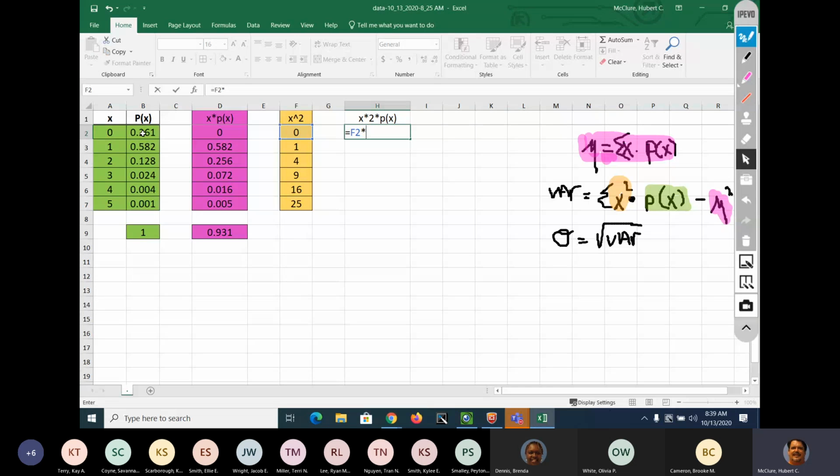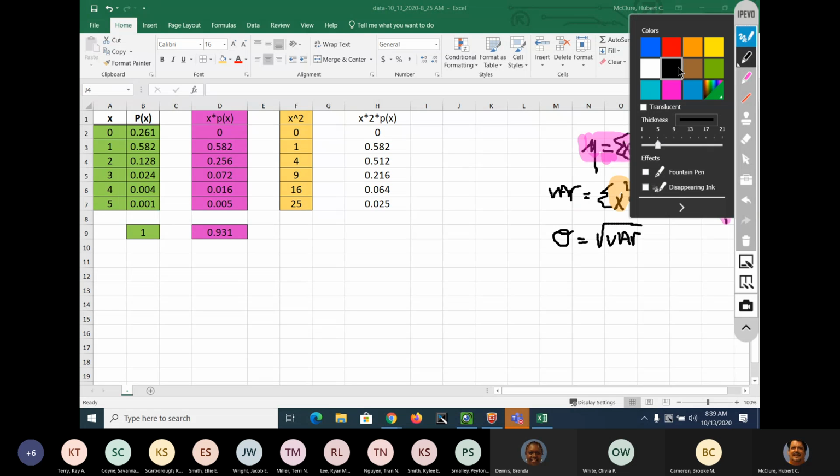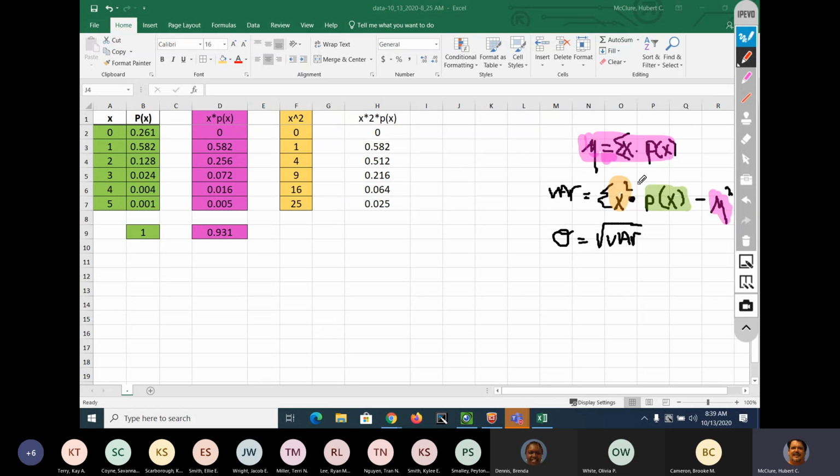Times 0.261. And you could actually do the first one in your head. 1 times 1, which is 1. So let's see. I'm going to use my red pen and highlight that in red.